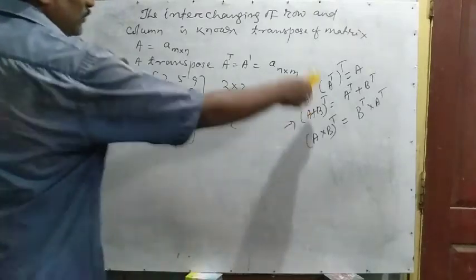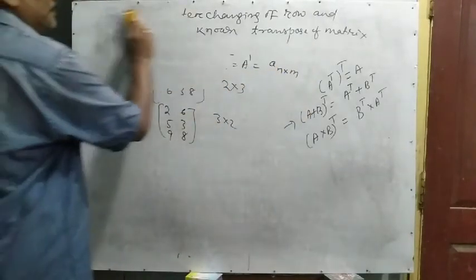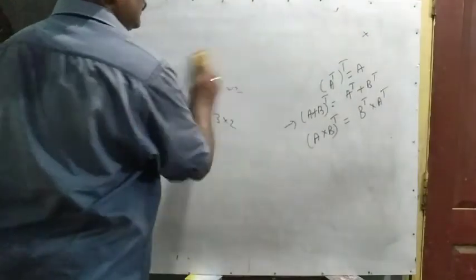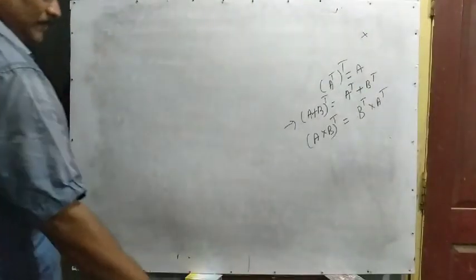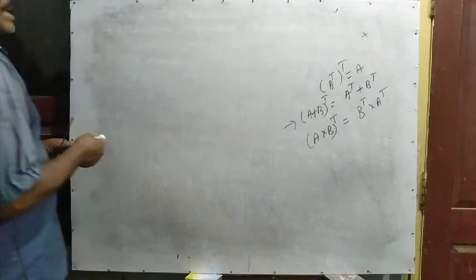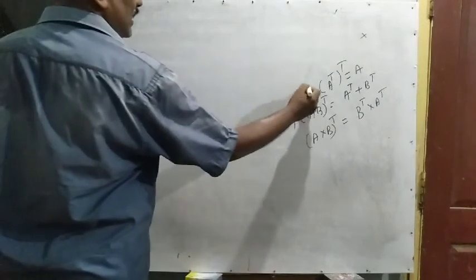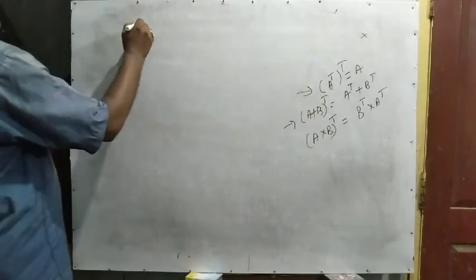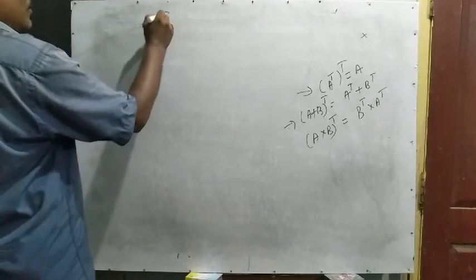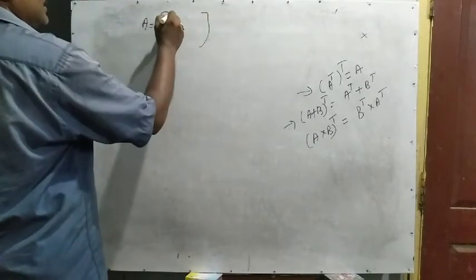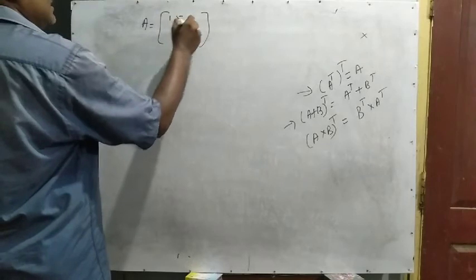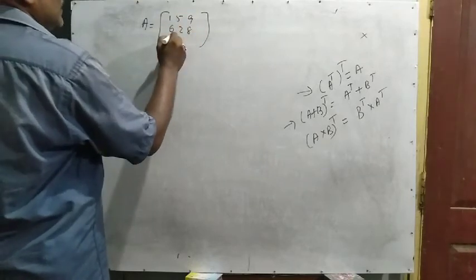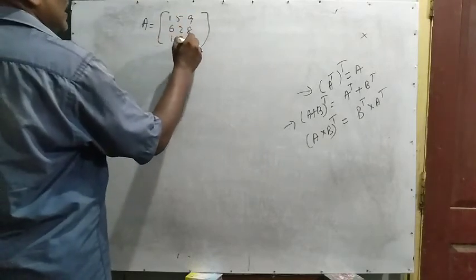Look at the first property: (A transpose) transpose equals A. How to check this? Suppose A is the matrix [1, 5, 9; 6, 2, 8; 1, 3, 1].